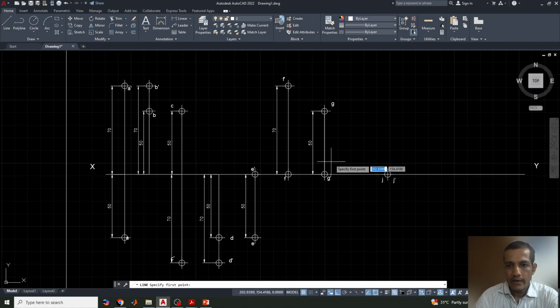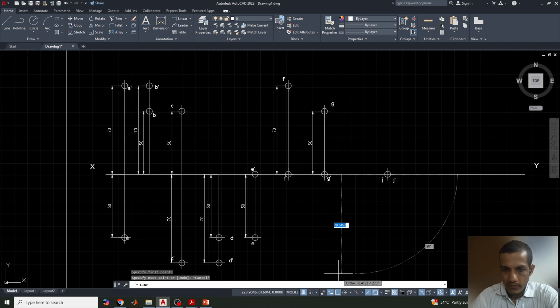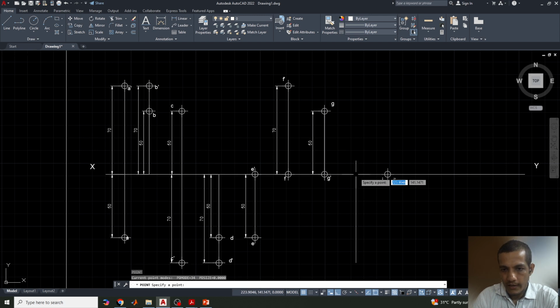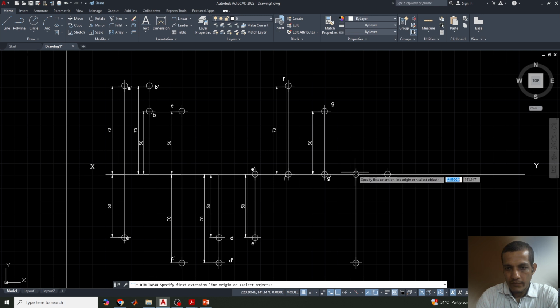Line from this point we can select, and how much? 70. Sorry, it is below now, so we need to take it down. How much? 70. Enter. So this is one point, another point is this. Now we have to give the dimension for this.